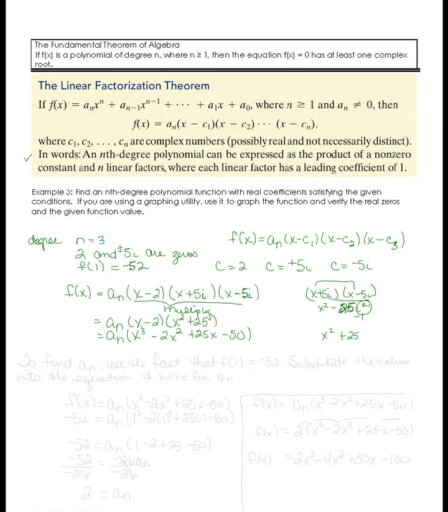To find a sub n, we use the fact that f of 1 is equal to negative 52.